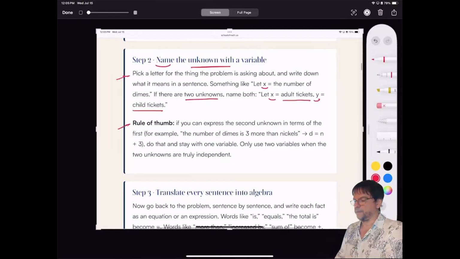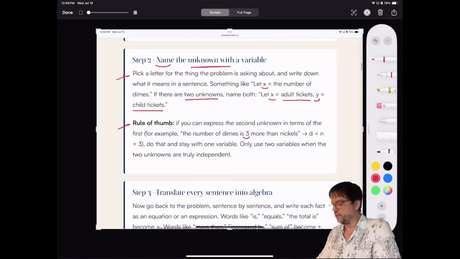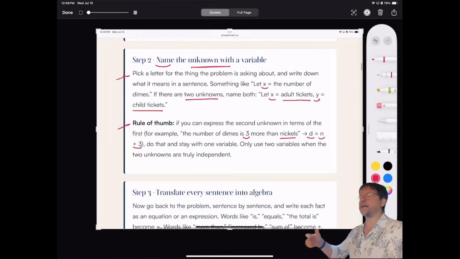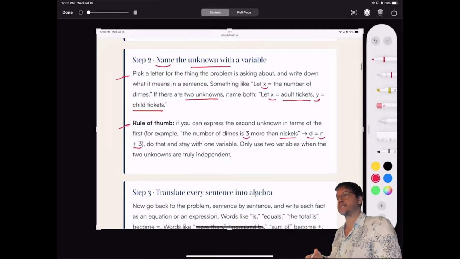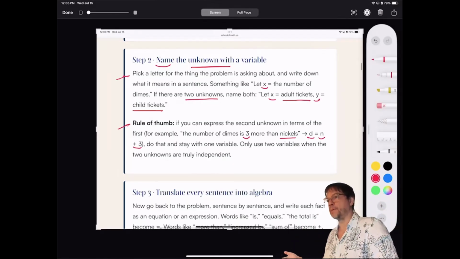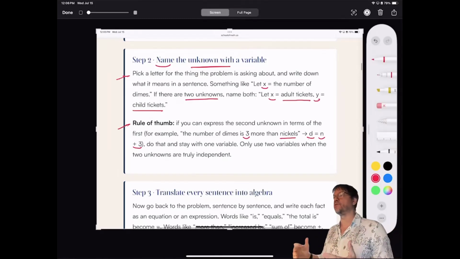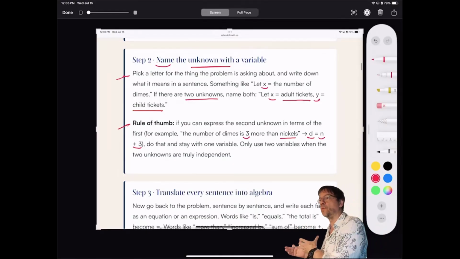Rule of thumb: if you can express the second unknown in terms of the first, for example, the number of dimes is 3 more than the number of nickels, so dimes equals nickels plus 3, you reduce the quantity of variables in these word problems. Our job in algebra is to reduce as much as possible the quantity of different variables that we have.